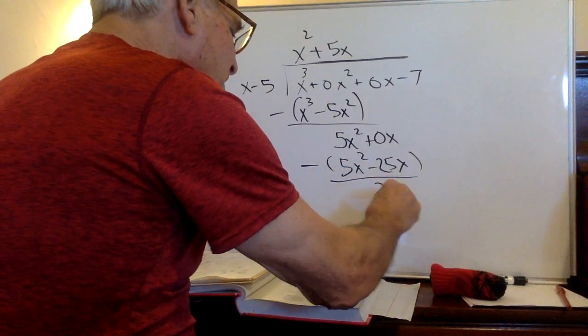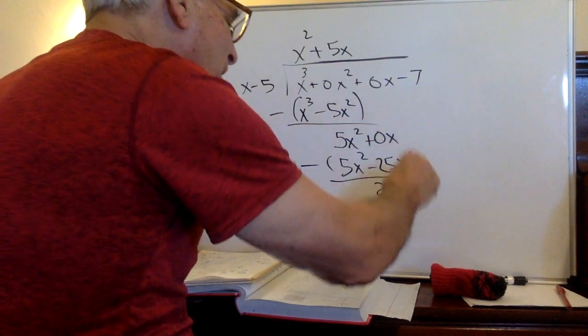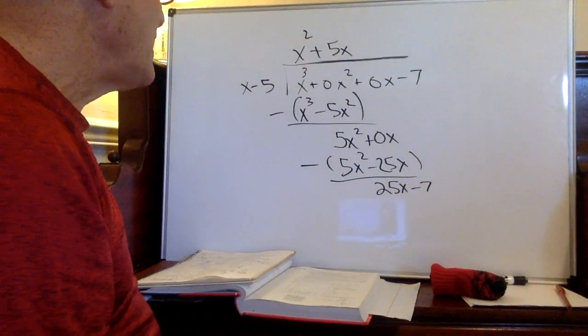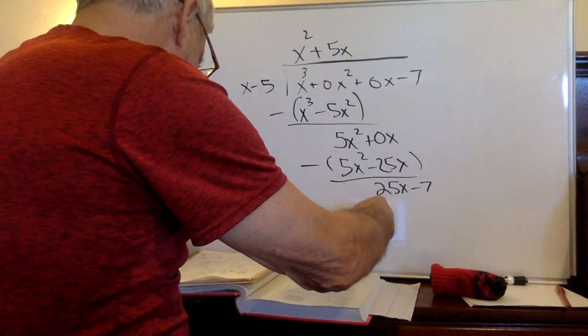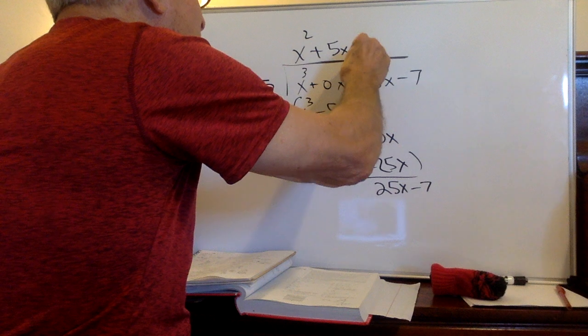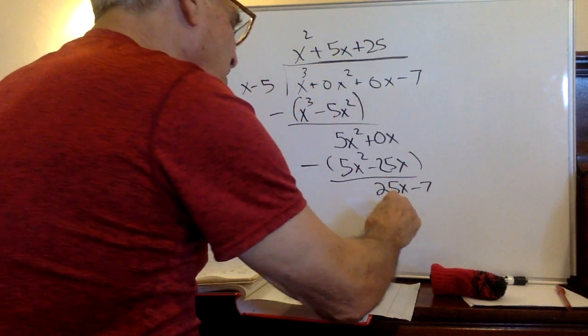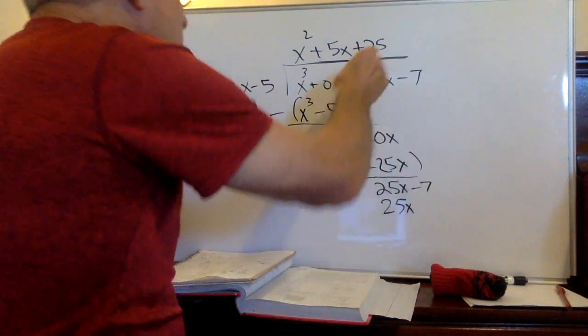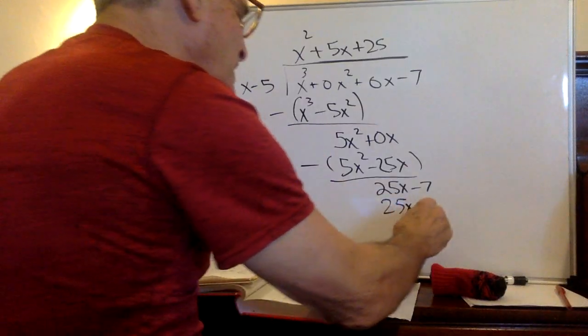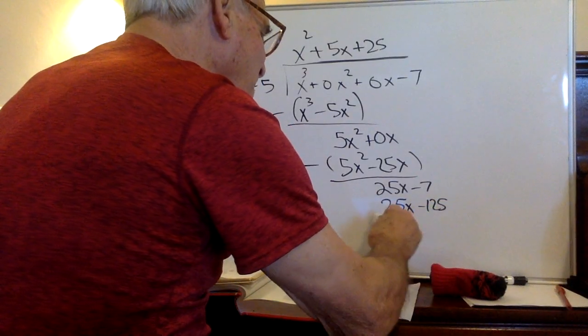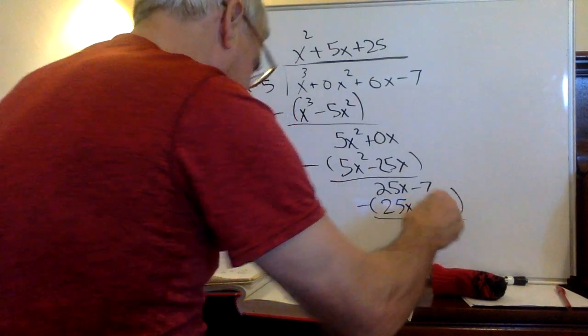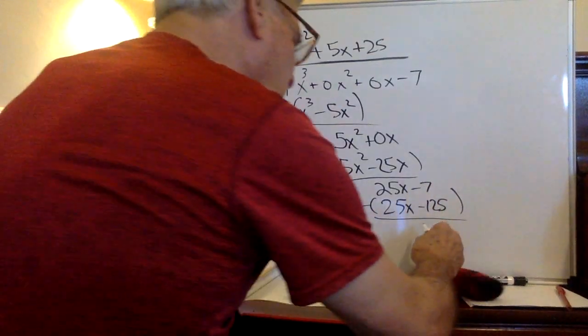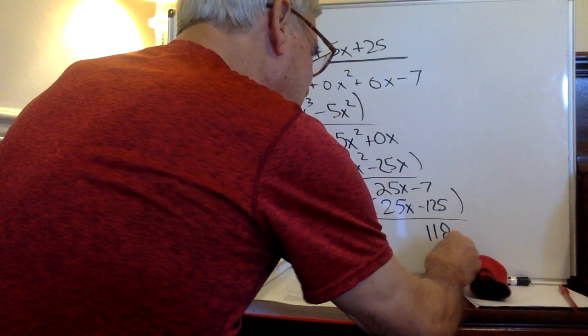Negative and negative is positive 25x minus 7. X times what? X times 25 gives you 25x. 25 times negative 5 is minus 125. Enclose in parentheses and subtract, and you get positive 118.